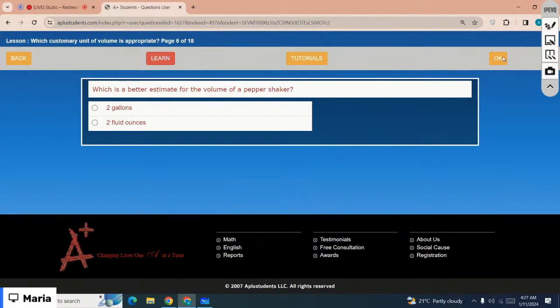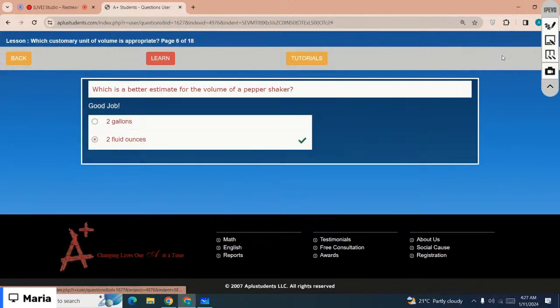That is a paper shaker, right? So, it must be 2 fluid ounces because 2 gallons is too much for a paper shaker, isn't it? Yes, it is.